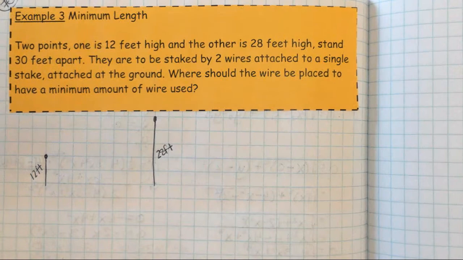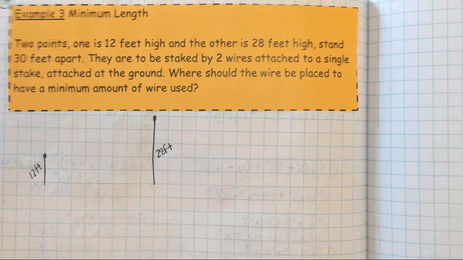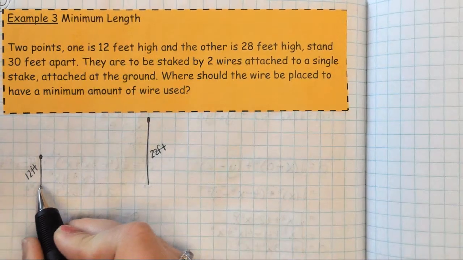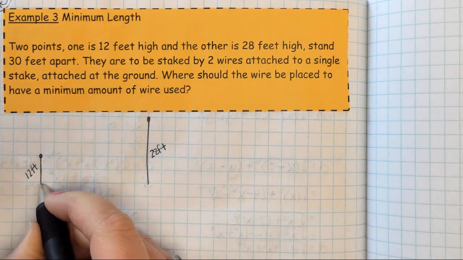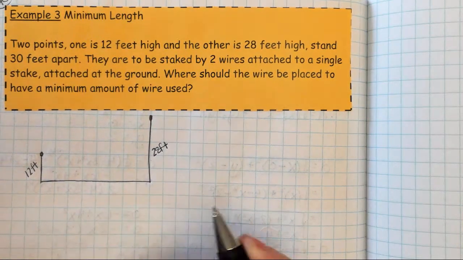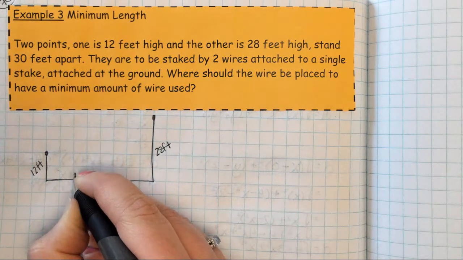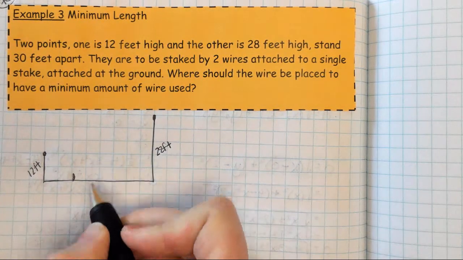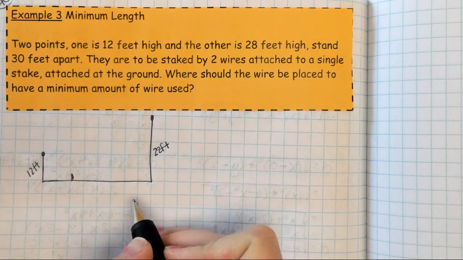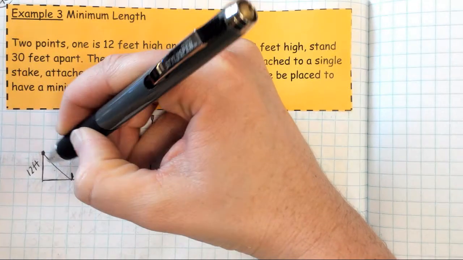And it's saying that there should be staked by 2 wires attached to a single stake attached at the ground. So let's go ahead and just assume that this is the ground level. Here it is. Somewhere down here they're going to be staked, maybe like right here by a single wire. And here's the wire from the top of this point down to the ground.